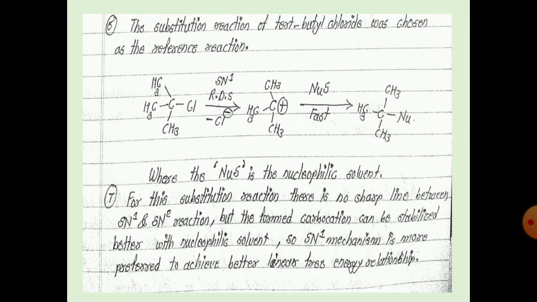In this reaction the transition state is more polar than the reactant, so a solvent with a greater polarity value will increase the rate of reaction by stabilizing the transition state, therefore lowering the energy of activation.